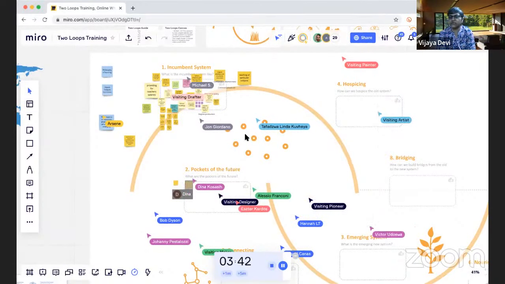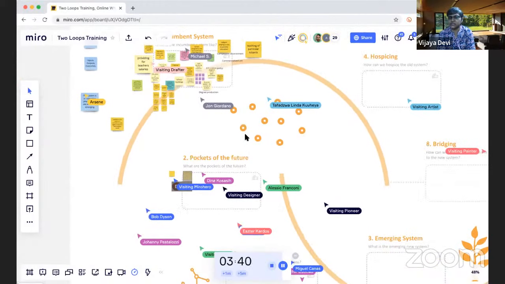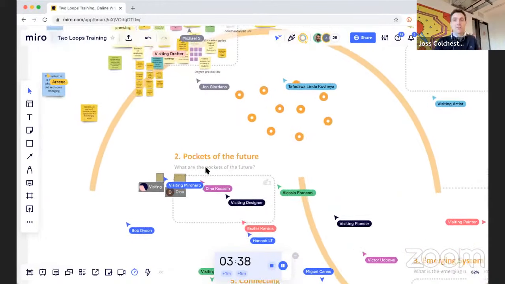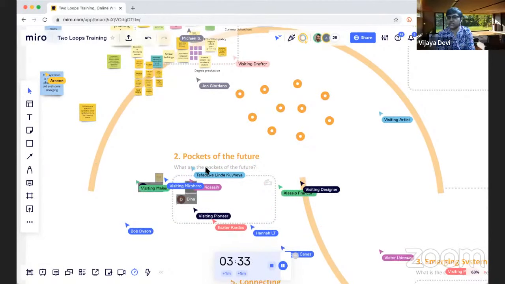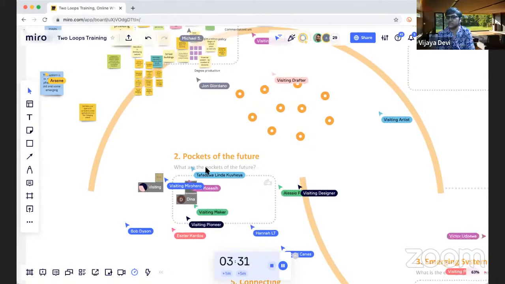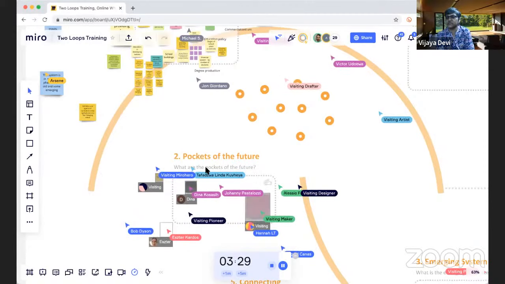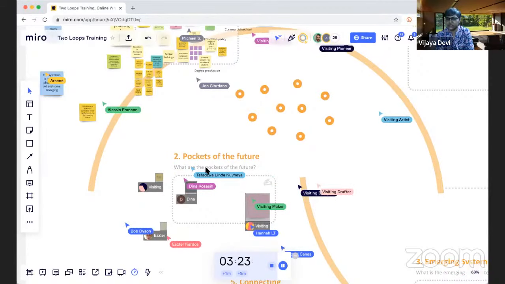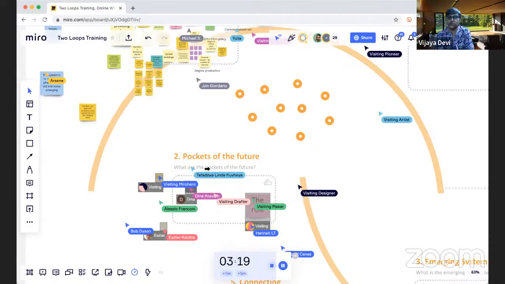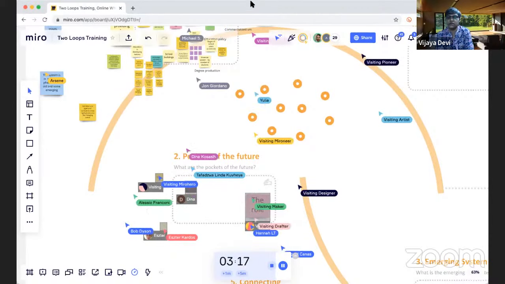These could look very different from the existing system because they are trying to create a new paradigm. And these new alternatives can emerge from any part of the system. So it could also be from the periphery of the existing system. And typically you will find that these innovators belong to a younger generation because they are not conditioned by the old logic of the existing system.